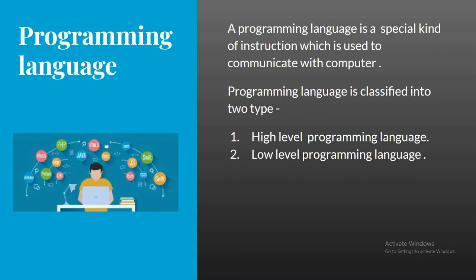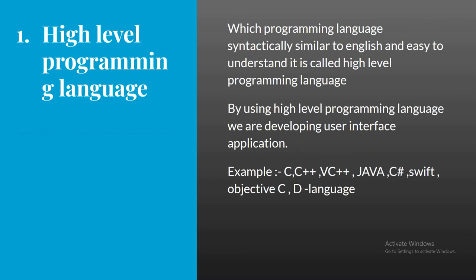Programming language is a special kind of instructions used to communicate with the computer. Programming languages are classified into two types: high level programming language and low level programming language. A programming language that is syntactically similar to English and easy to understand is called a high level programming language.